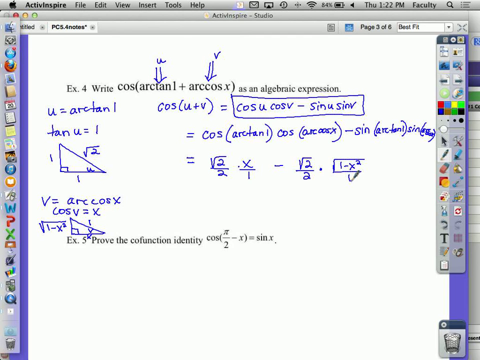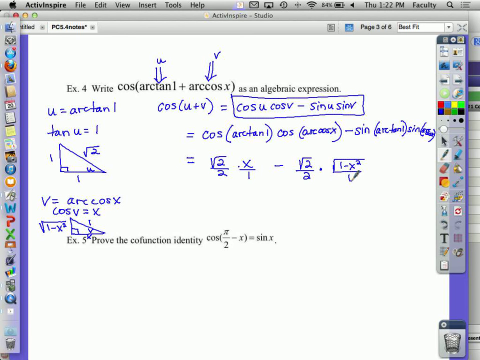Okay, let me pause here a moment so you can look at this and think about it. Because once you do, it's like, oh, that's not as bad as we thought. Okay, let's go back through it. Cosine of u, you come to the u triangle. Cosine of u is 1 over radical 2. That's where radical 2 over 2 comes from. Cosine of v, I come to v, that's x over 1.